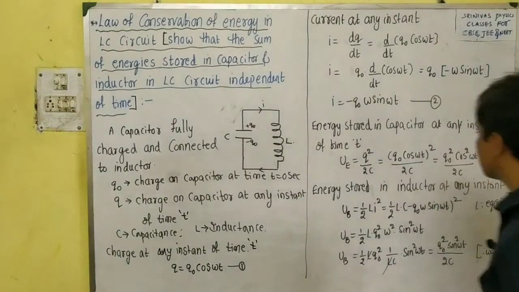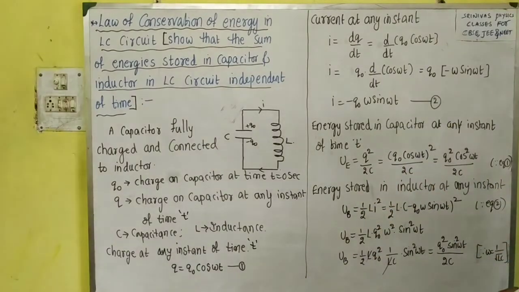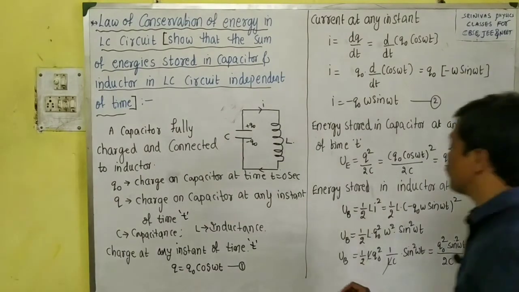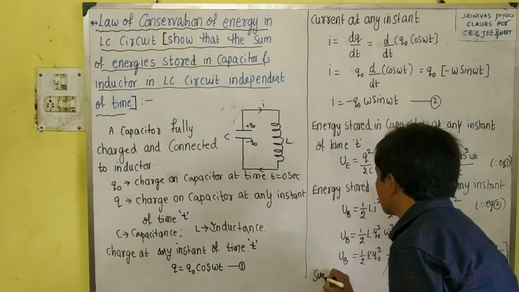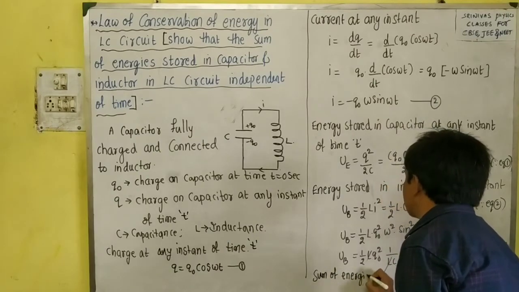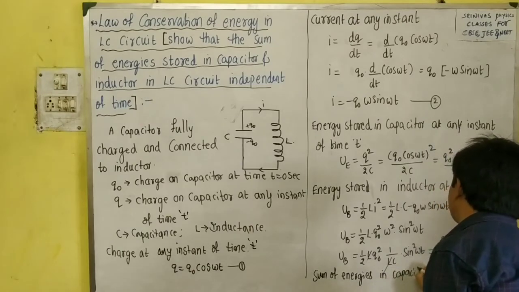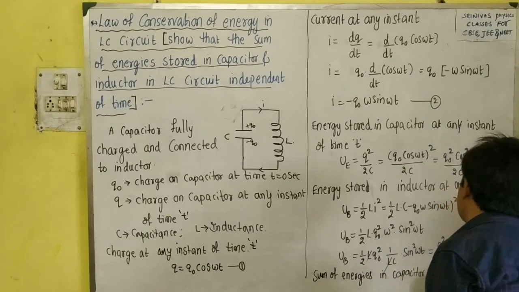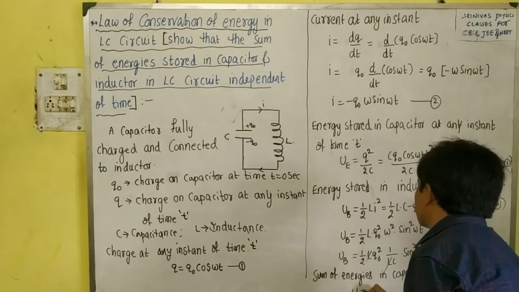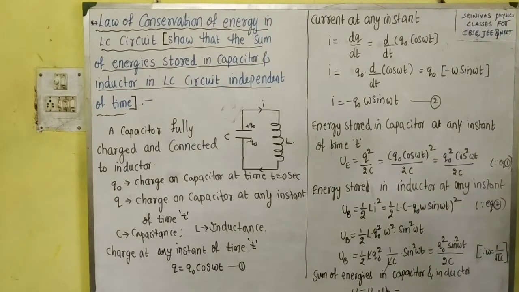And here we want the sum of energy stored, the sum of energies in the capacitor and inductor. I want to calculate the sum. U is equal to UE plus UB, right? We have to add both of them.